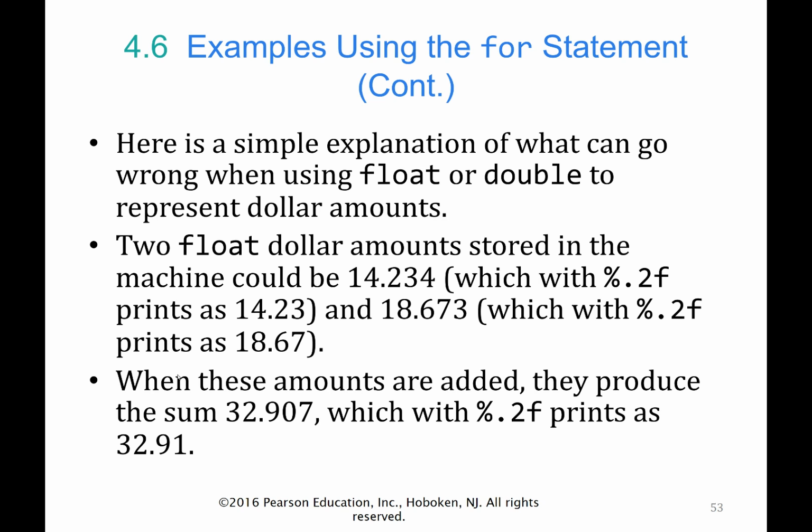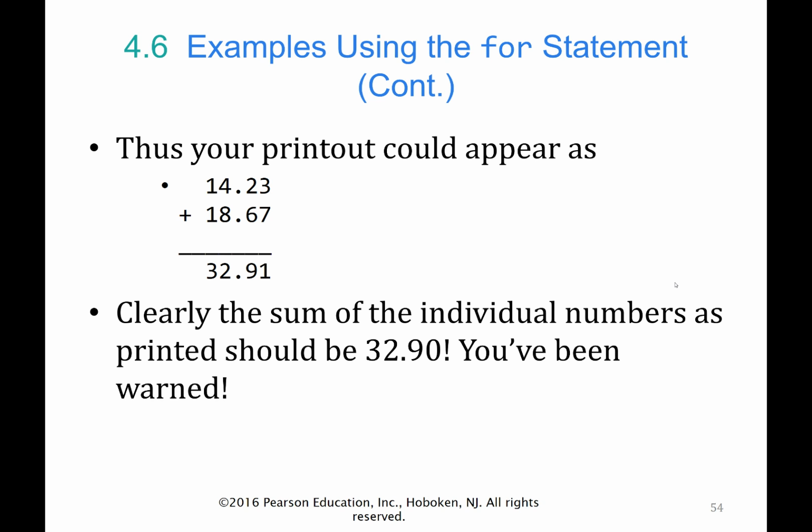So that there are two float values. Again, this particular format right here, %.2f, is telling you that you want your answer to be shown with an accuracy of 2 decimal points. And this is an example of where we're going to add up 14.323 and 18.27.